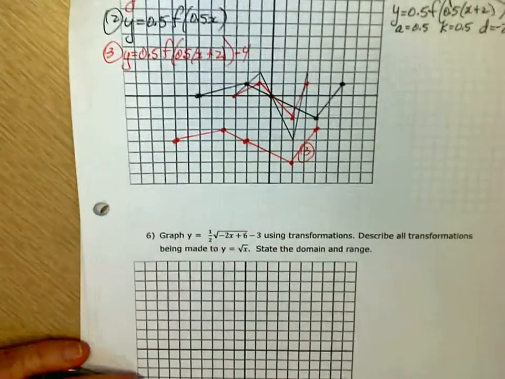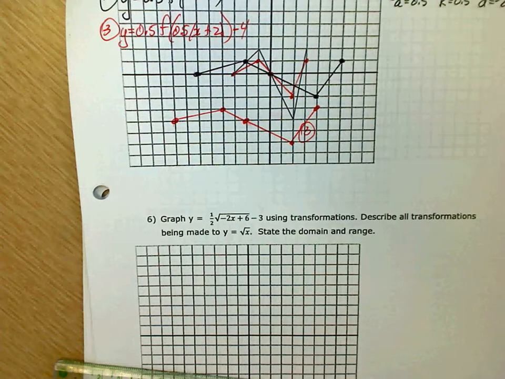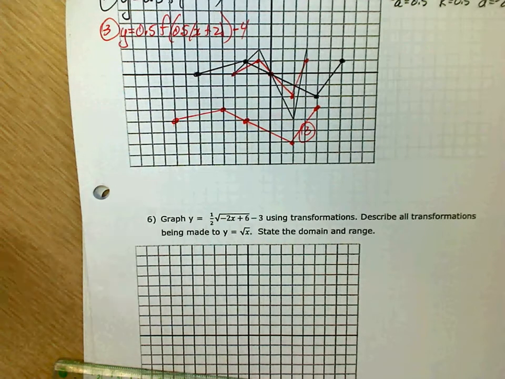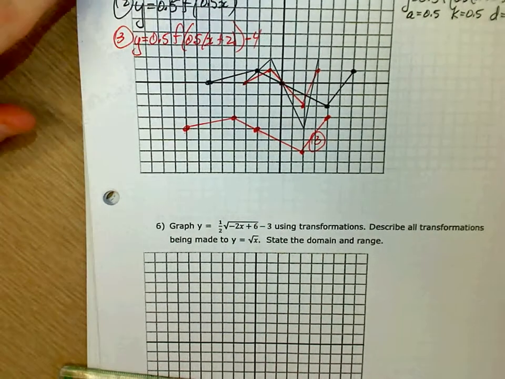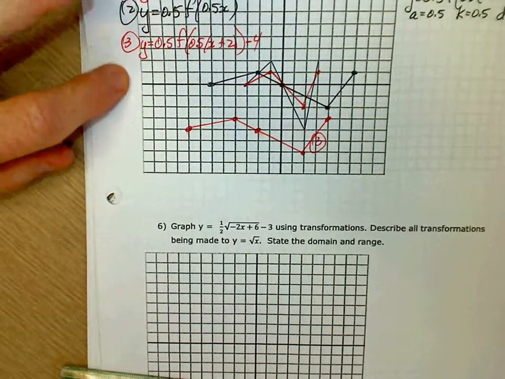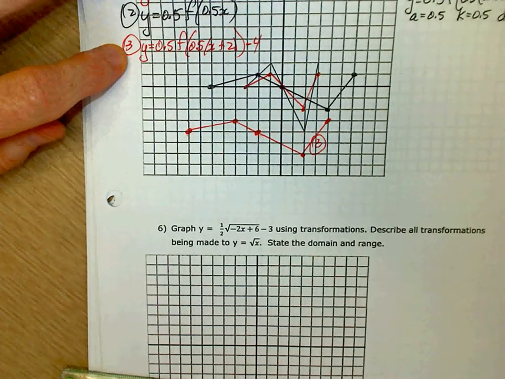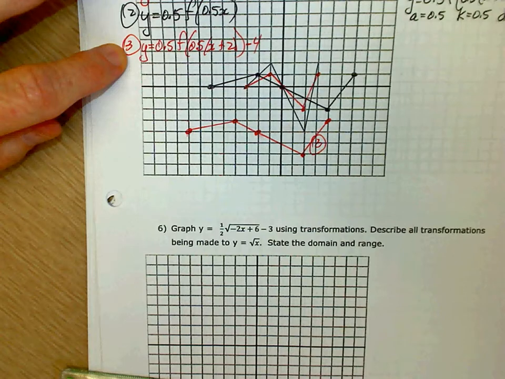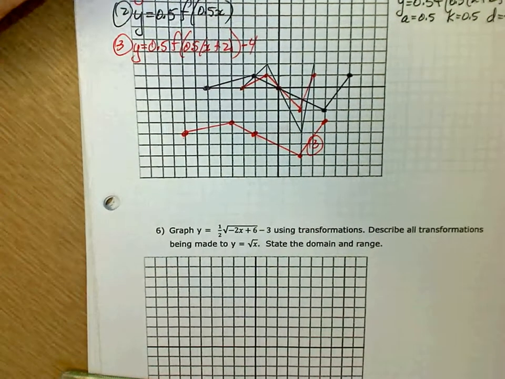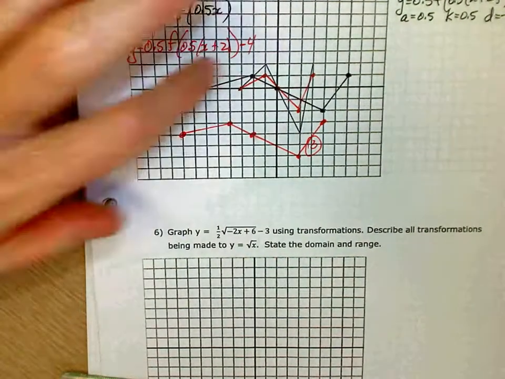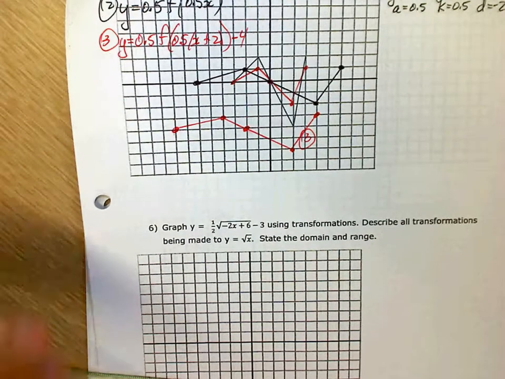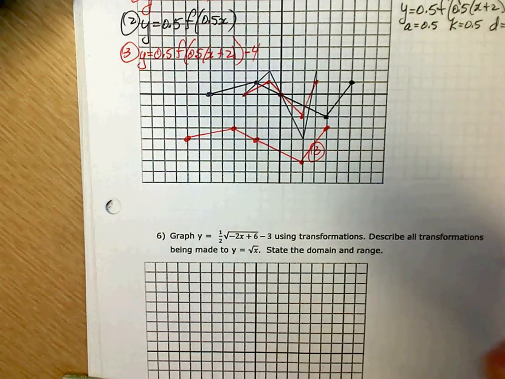So let's describe them. Again, notice I'm drawing using transformations in a very specific order, right? I'm doing the stretches, compressions, reflections before I do the left, rights, and up and downs, okay? So let's describe them. 1.